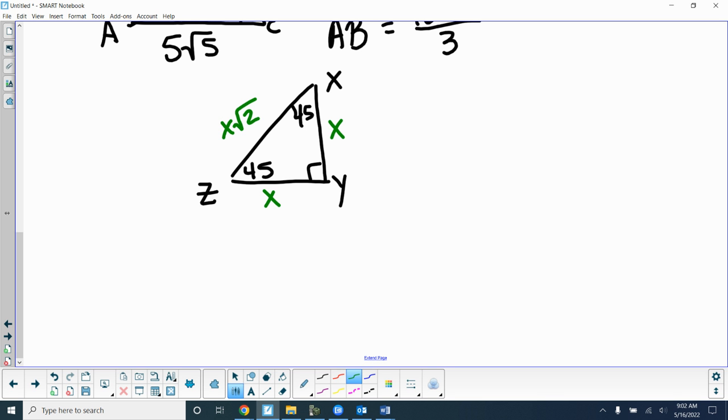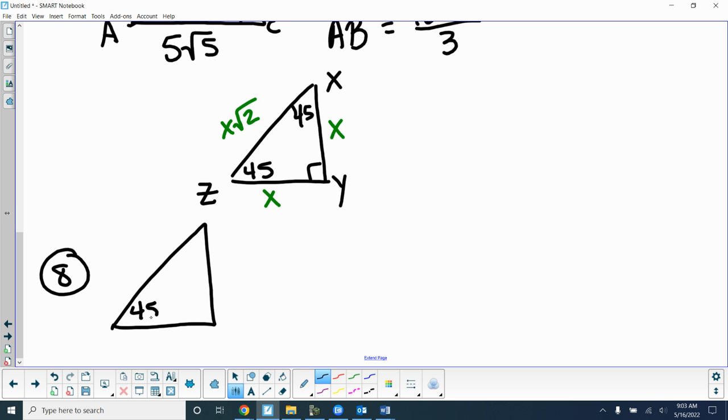All right? So for number 8, this is our picture. Same letters in the same spots. And you are given that XY is 12. So you're supposed to tell me what XZ equals, which is the hypotenuse.